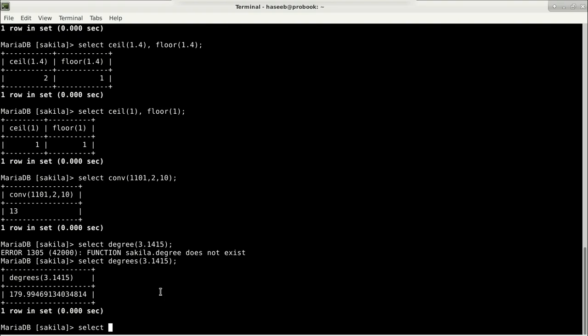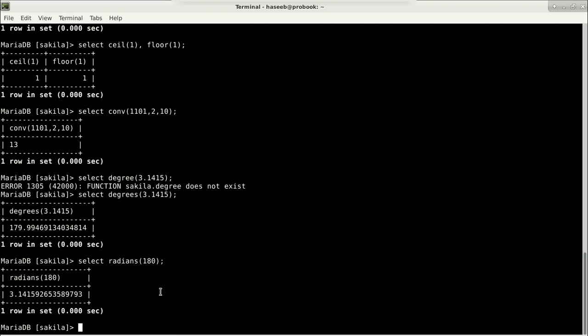Like select radians 180. So we will get 3.1415, which is the value of pi, because pi radians is equal to 180 degrees. Anyway, these two functions are helpful in doing trigonometric or geometric calculations.